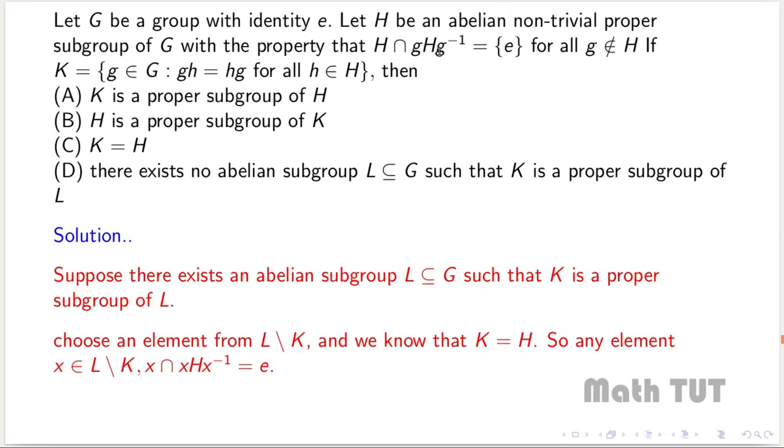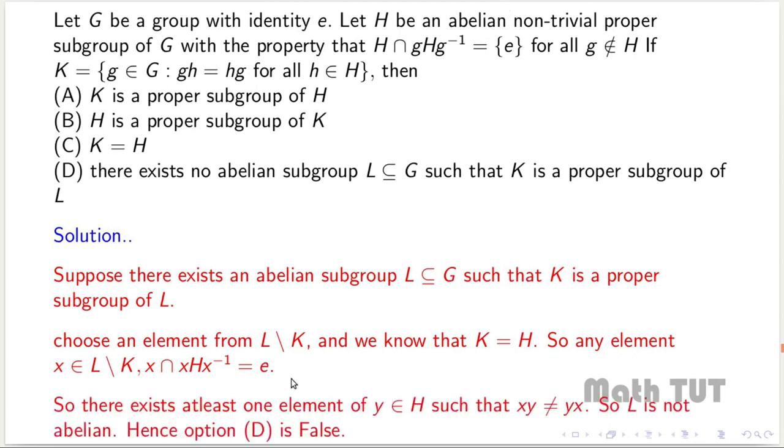Actually it's not x, it's H. Intersection xHx inverse should be e. So there exists at least one element y in H such that xy is not equal to yx. So we can say that L is not abelian, and thus we can conclude that option D is false.